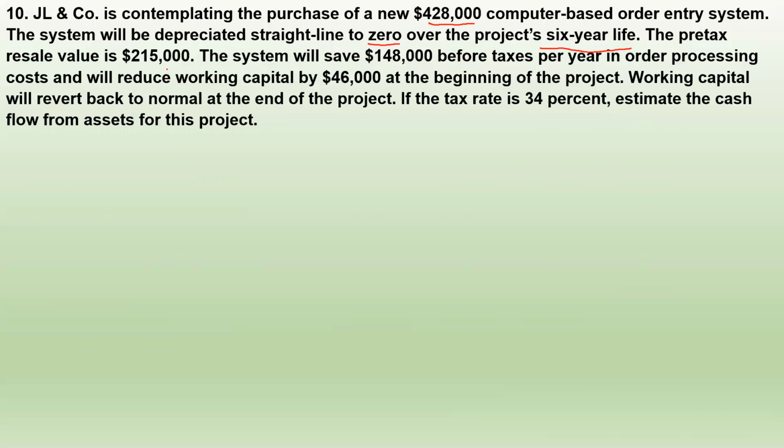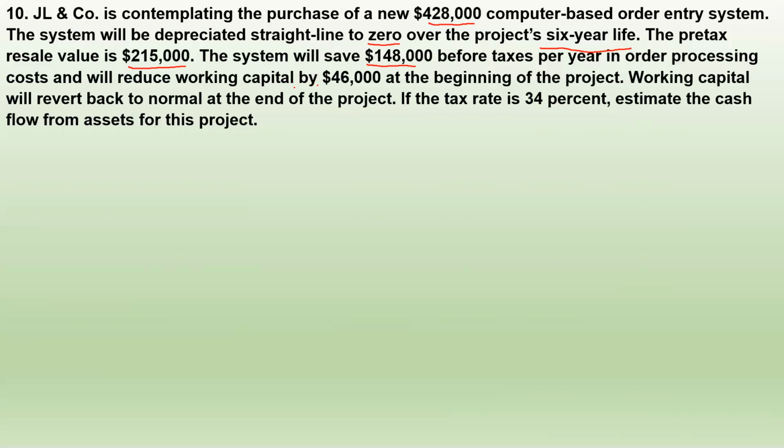The pre-tax resale value after 6 years is 215,000. The system will save this amount of money before taxes per year in order processing costs, and will reduce the working capital.